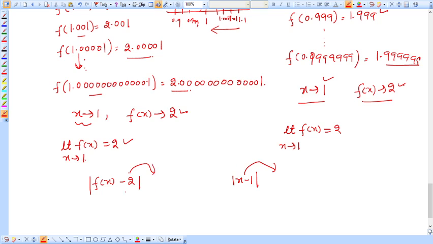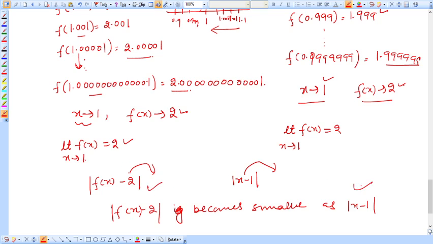So we can say f of x minus 2 becomes smaller as x minus 1 becomes smaller, right? So this difference is depending on the other difference, right?